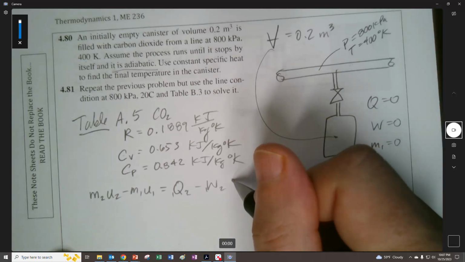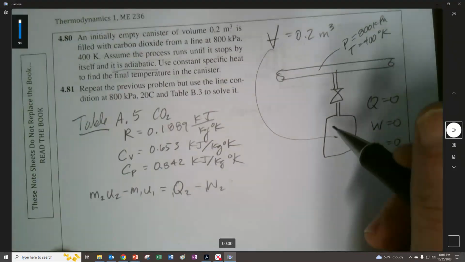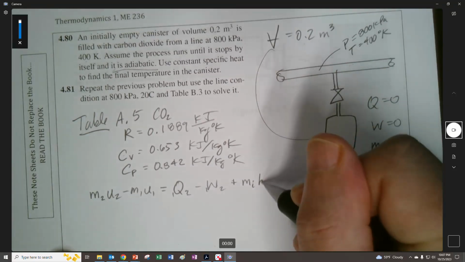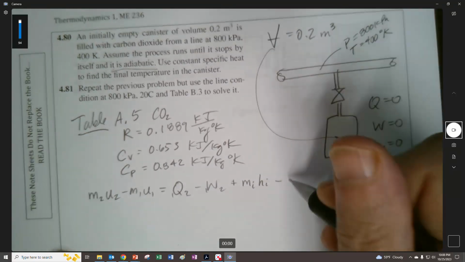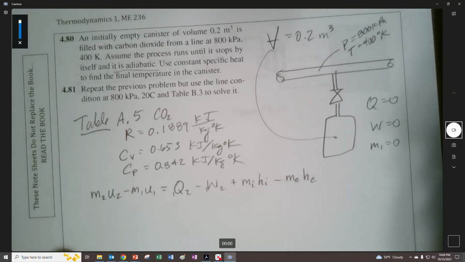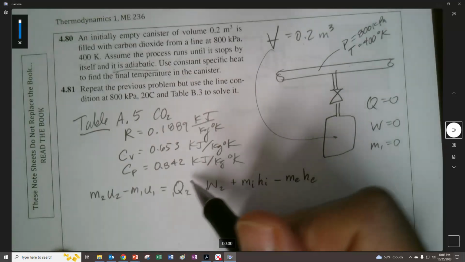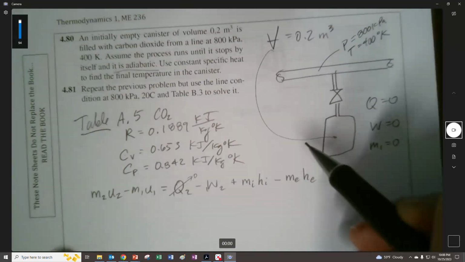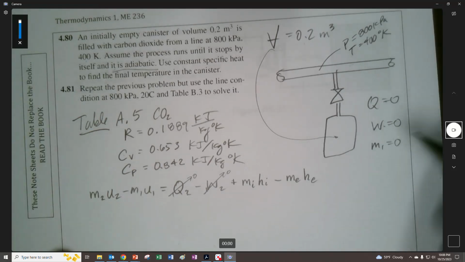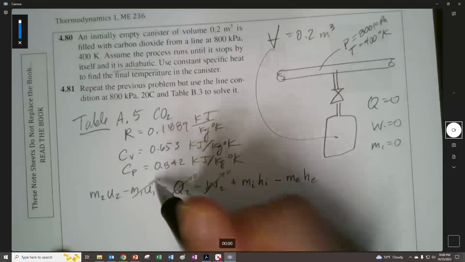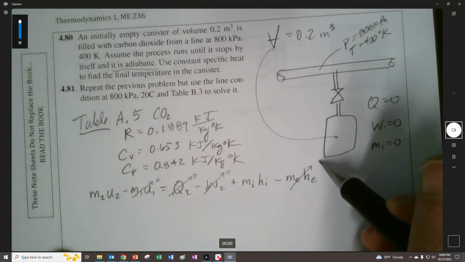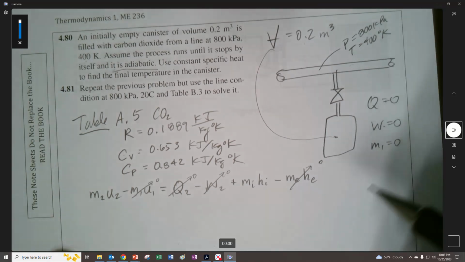And then, because we're not going to worry about kinetic energy or potential energy, we just jump to M incoming times H incoming minus M exiting times H exiting. First off, that's going to be 0, just as we said, M1 is 0. There's nothing exiting, so that's going to be 0.